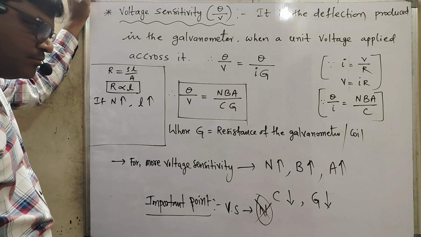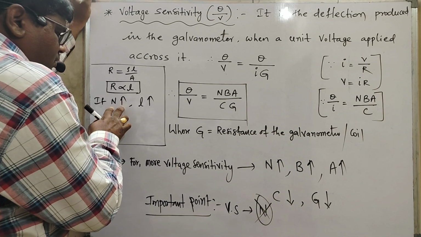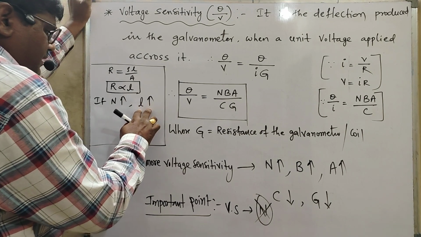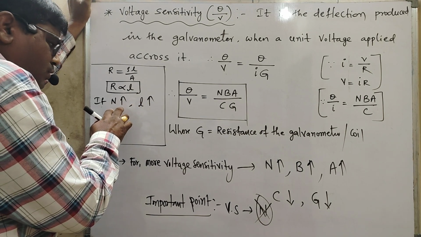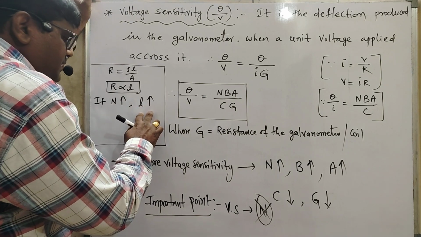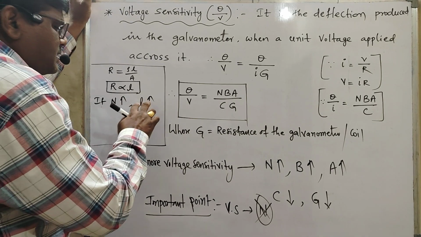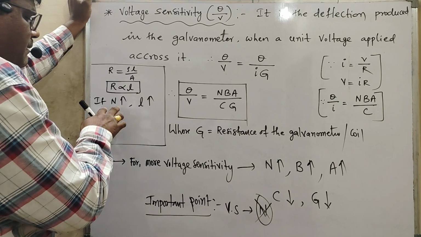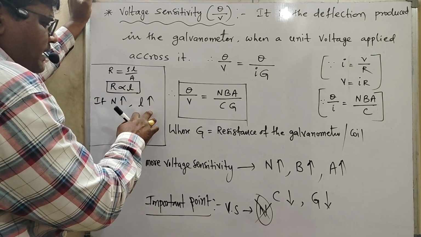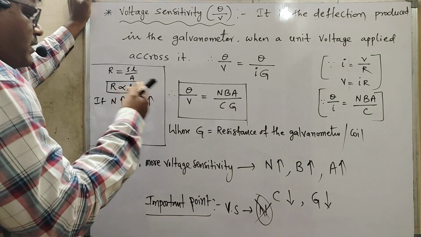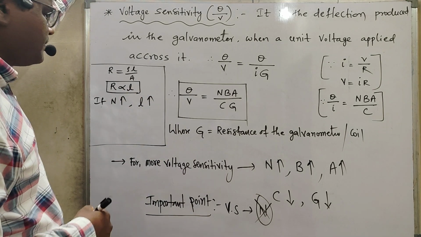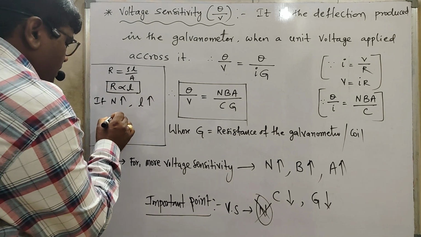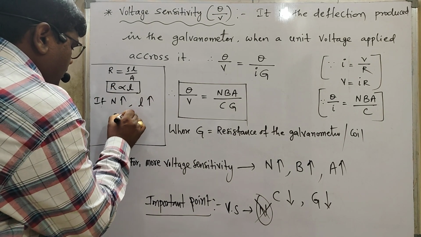For example, N equal to 1 means 1 meter, 2 turns means 2 meters, 3 turns means 3 meters. As the number of turns increases, the length of the wire also increases, and its resistance also increases.